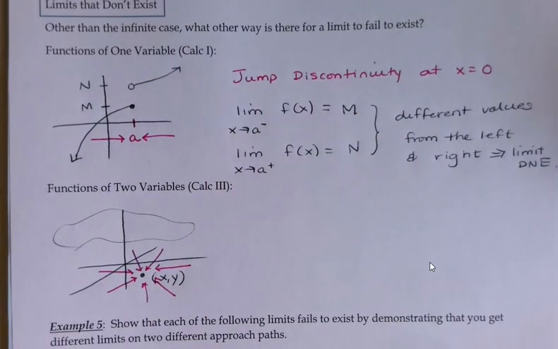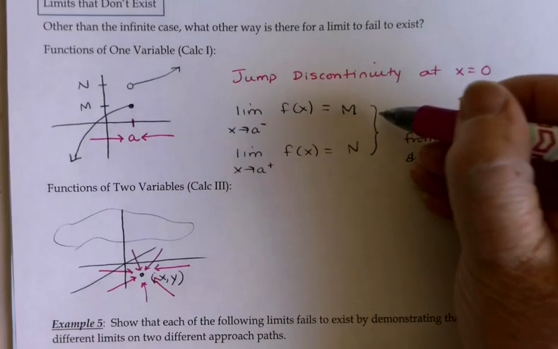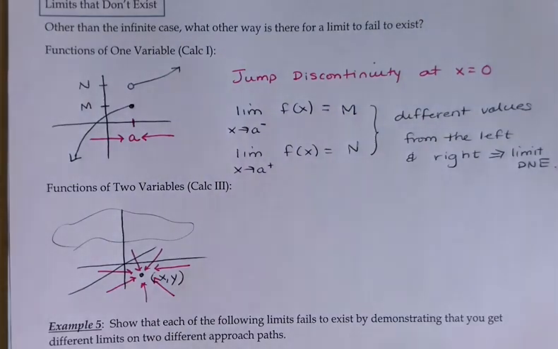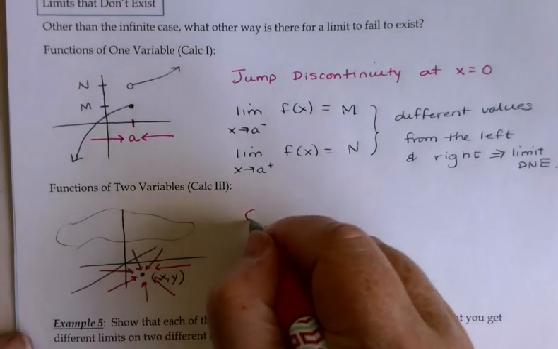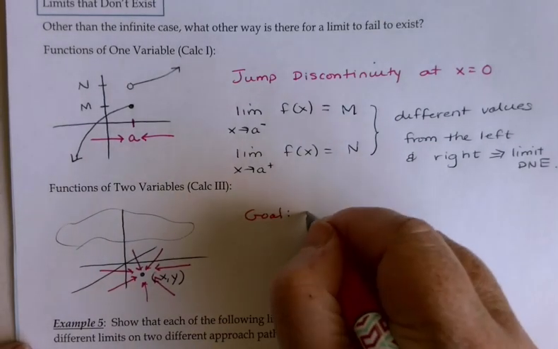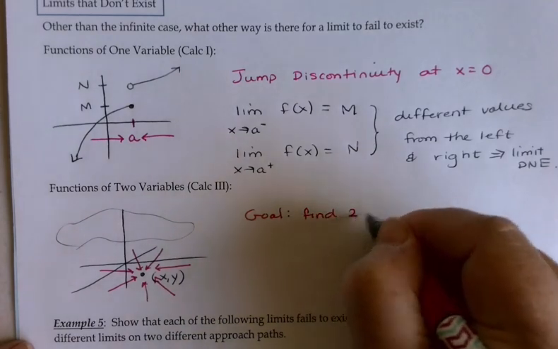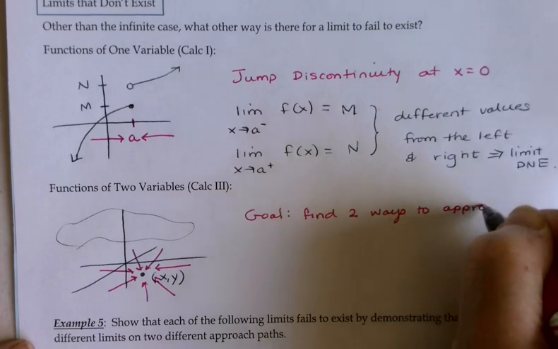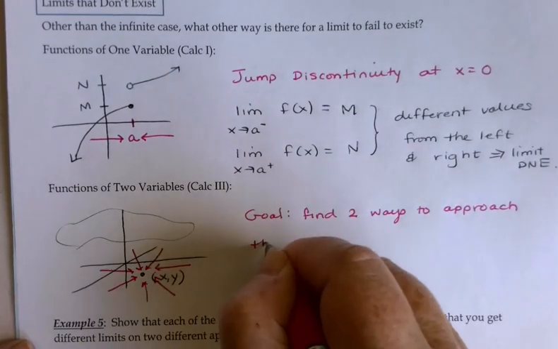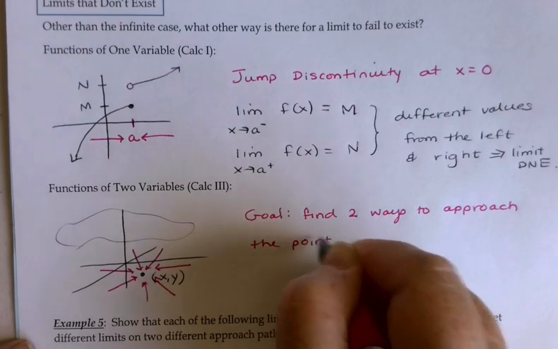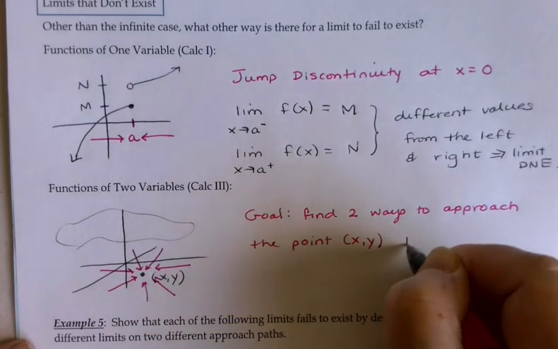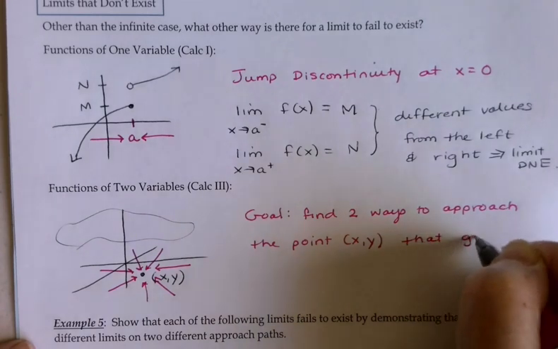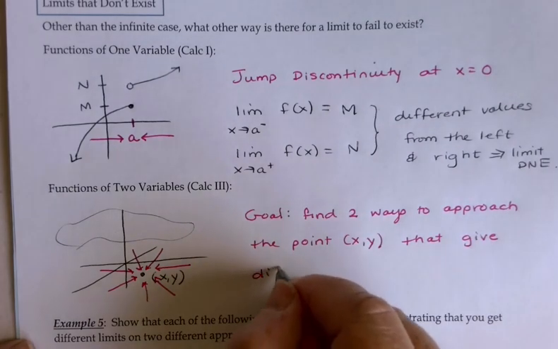There might be 10 different ways or 50 different ways that are going to give me different answers, but if I can just find two to get a contradiction, that will be sufficient to say that the limit doesn't exist. So my goal here is to find two ways to approach the point x, y that give different limits.